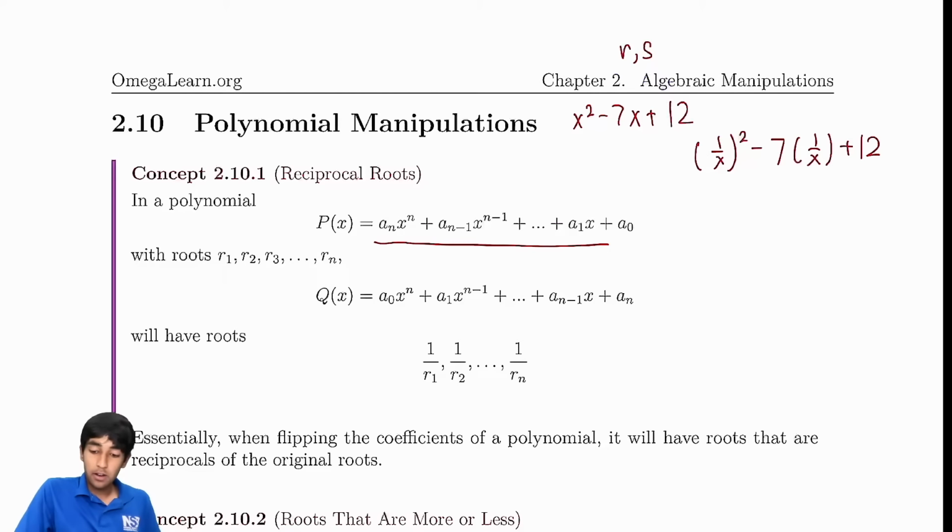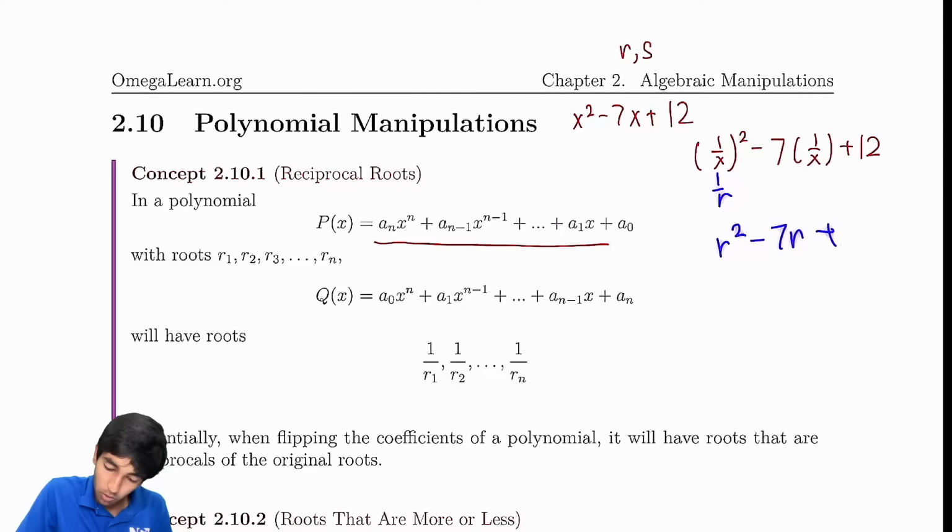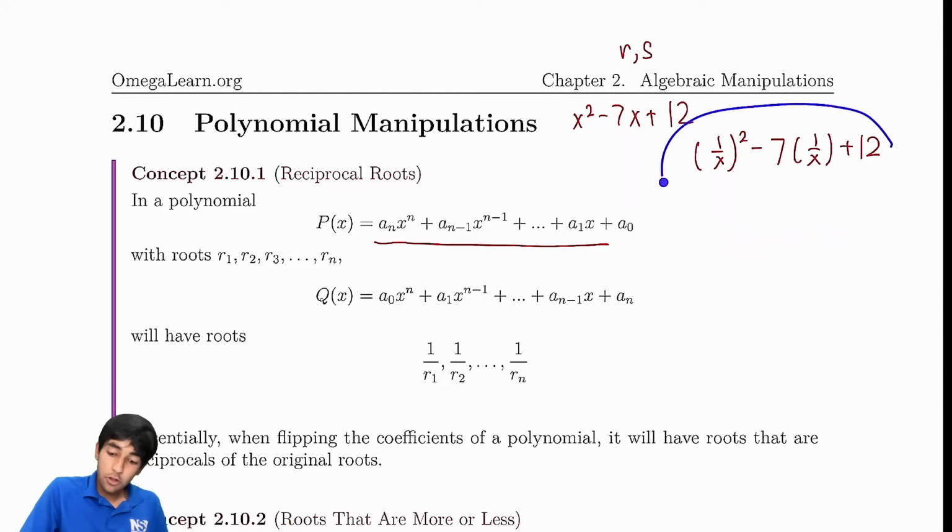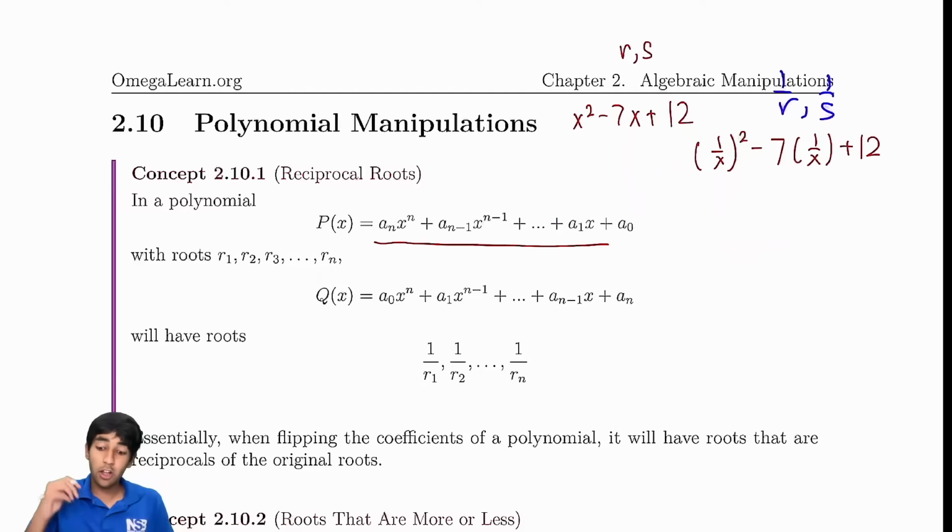Similarly, if you plug in 1 over R here, we get R squared minus 7R plus 12, which is 0. So this new polynomial has roots 1 over R and 1 over S. It's not yet a polynomial, but we can just multiply by x squared and make it one.